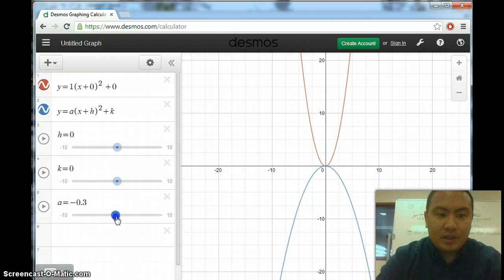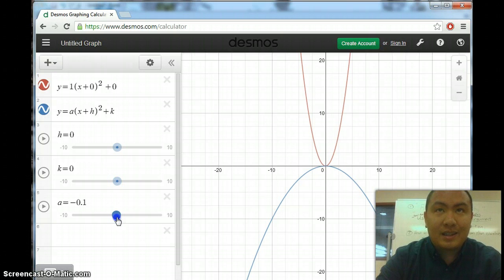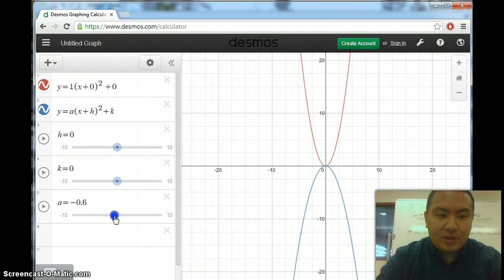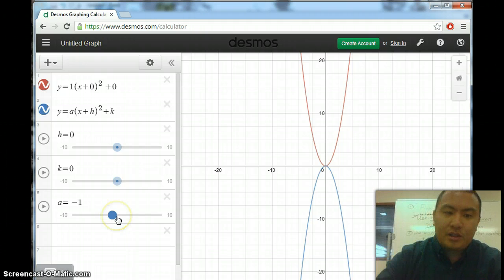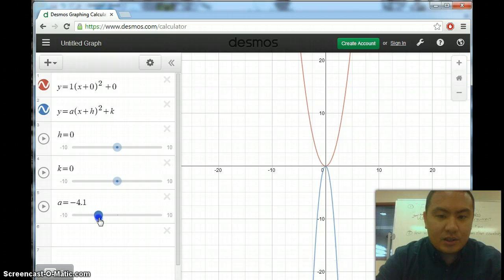If I go into the negatives, right now it's wide because it's less than 1 but greater than 0. And as you approach negative 1, you'll see that you have a reflection, the exact same thing, just on the other side. And then you can make it even thinner, on and on.